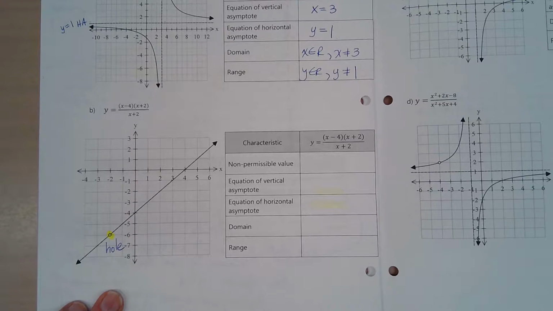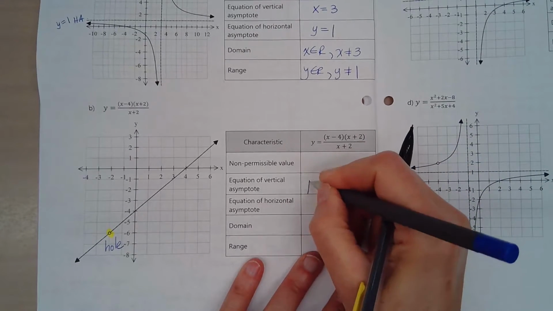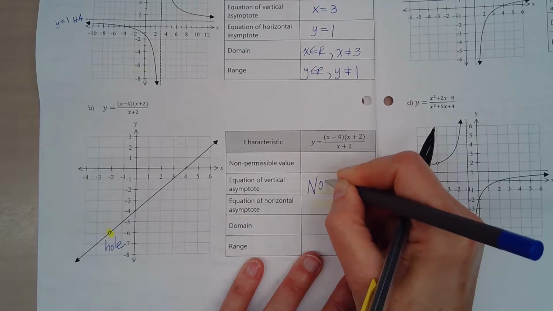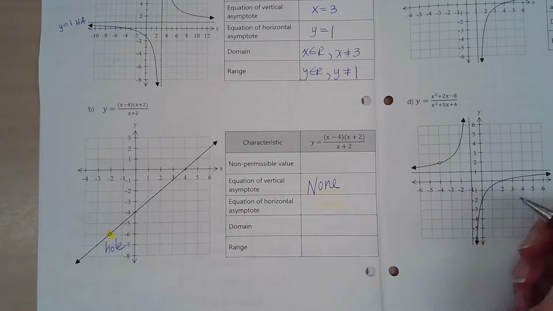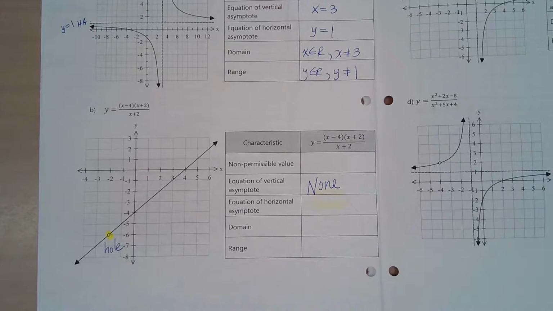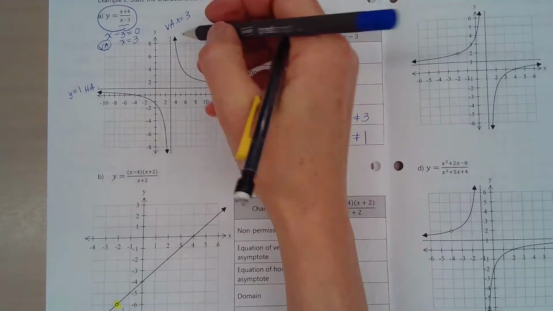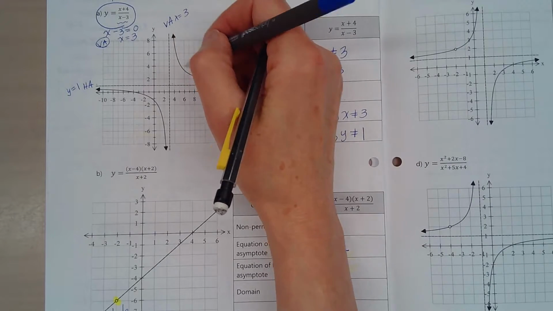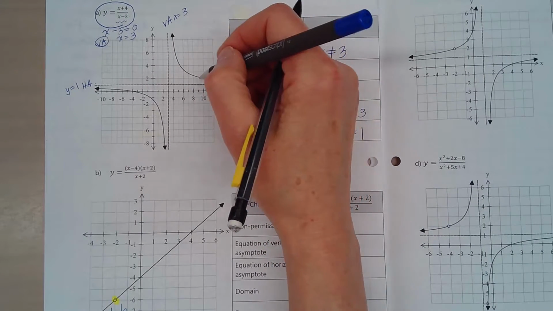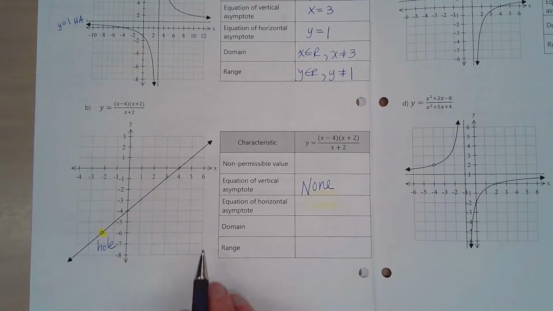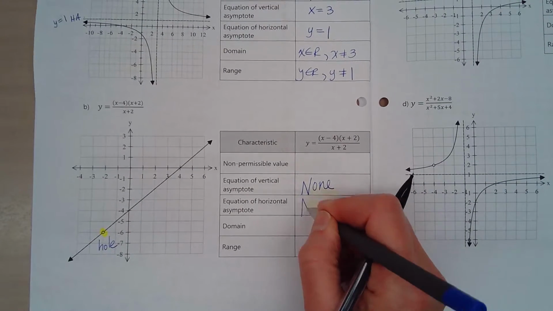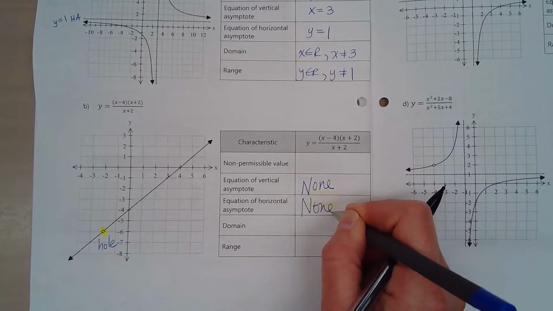So, are there any vertical asymptotes? In order to have asymptotes, you're going to have curves in the graph, right? Your graph approaches something, then takes a bend because it can't reach that value. I don't see any vertical asymptote here. I don't see any horizontal asymptote here. Would you agree?